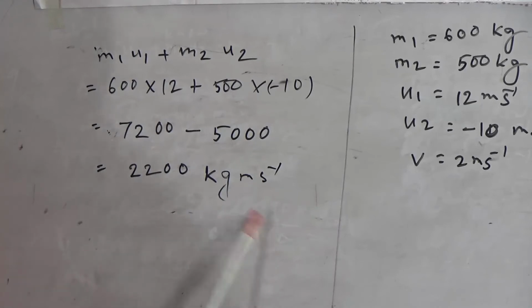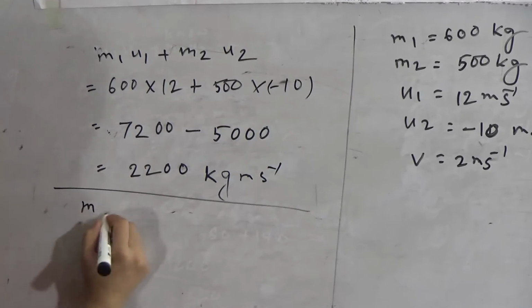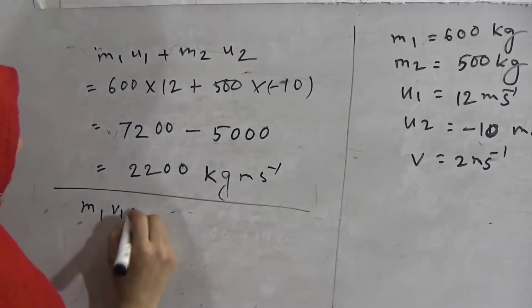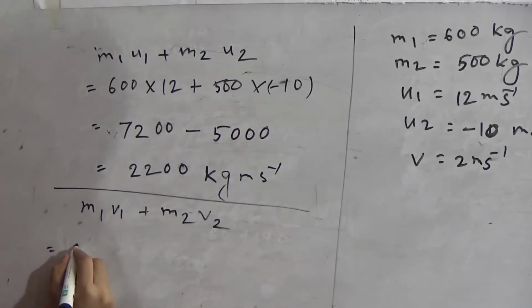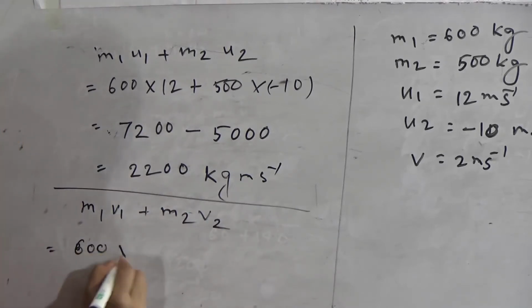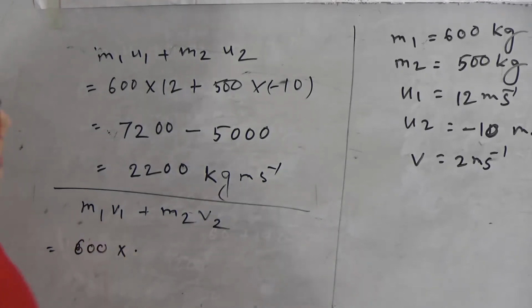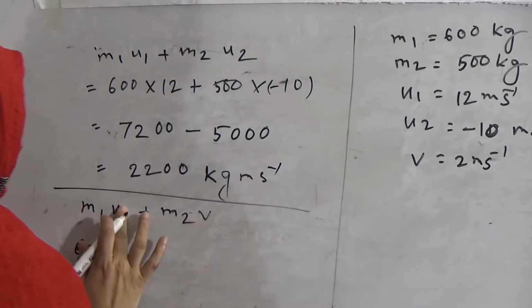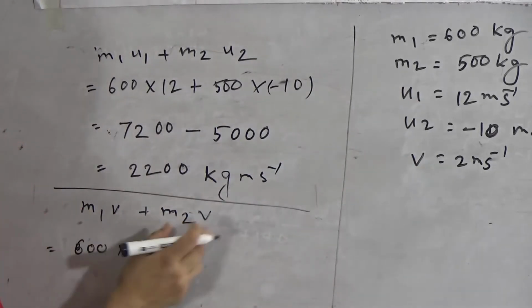Now total momentum after collision. Total momentum after collision will be m1 v plus m2 v. Here write m1 is 600 into v, because here the combined velocity is given, so it will be v, m1 v plus m2 v.